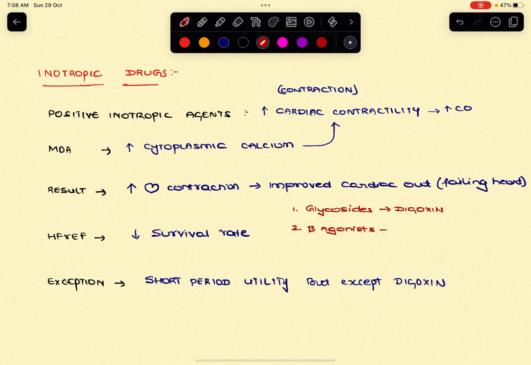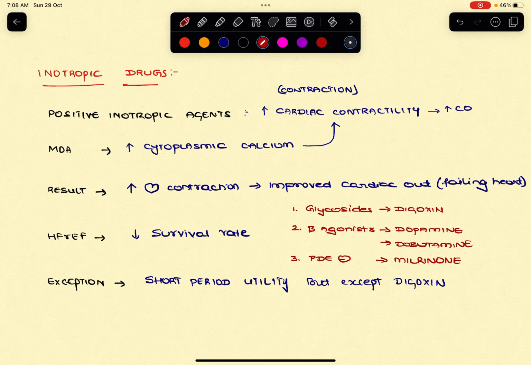Under this again you have two drugs which start with D. One is dopamine. Second one is dobutamine. Third is the phosphodiesterase inhibitor. Under this you have got milrinone.